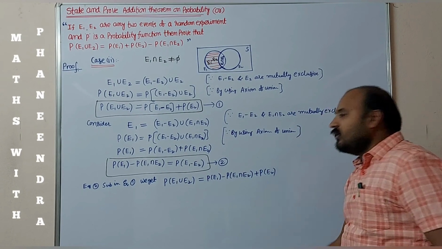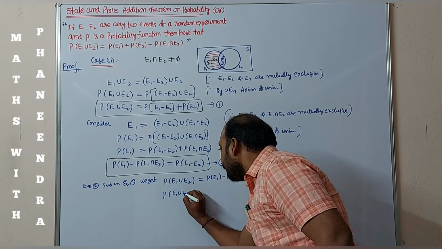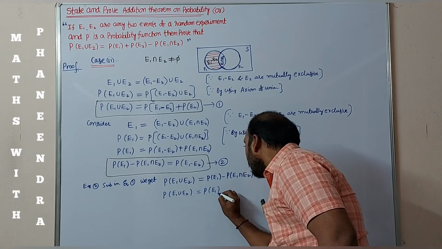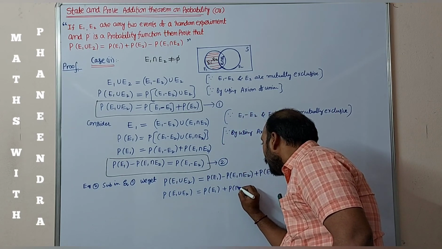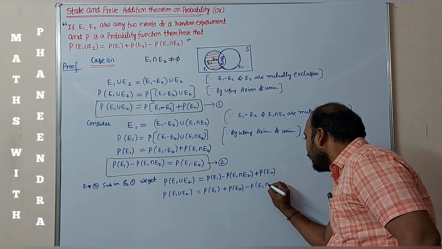Write in order: P of E1 union E2 is equal to P of E1 plus P of E2 minus P of E1 intersection E2.